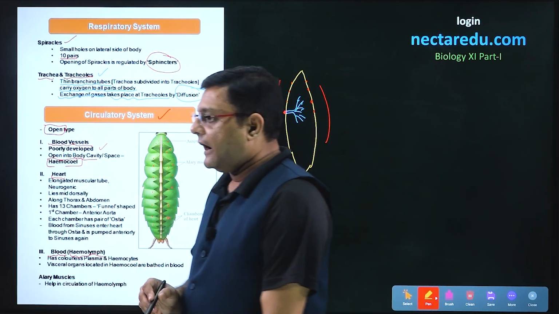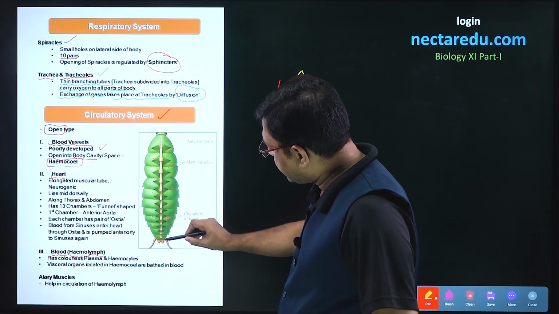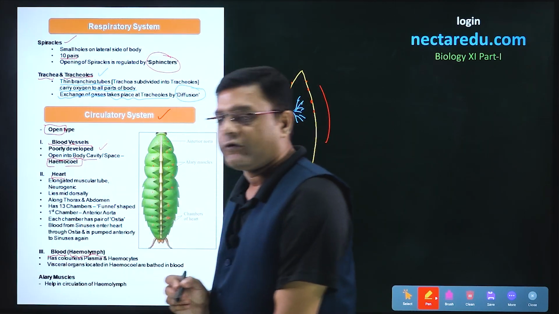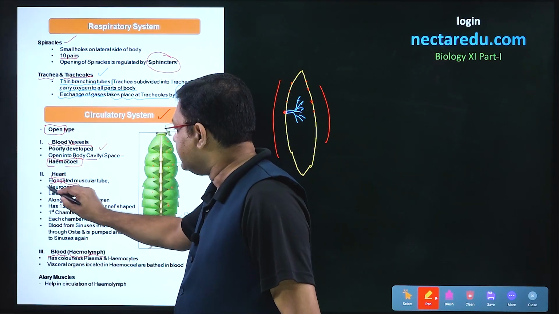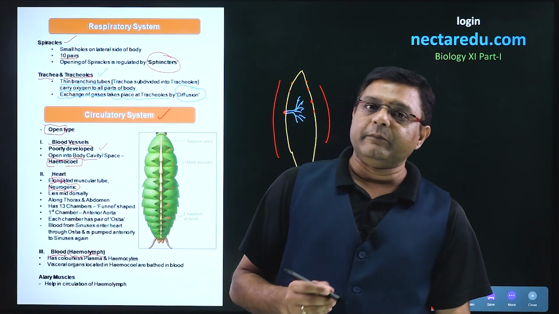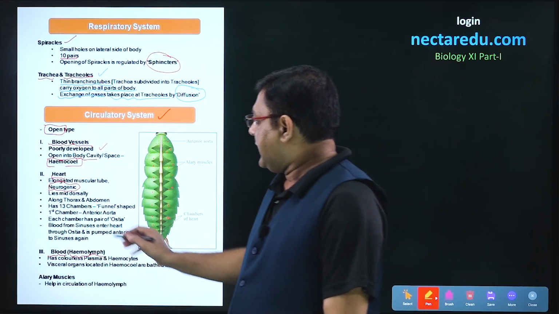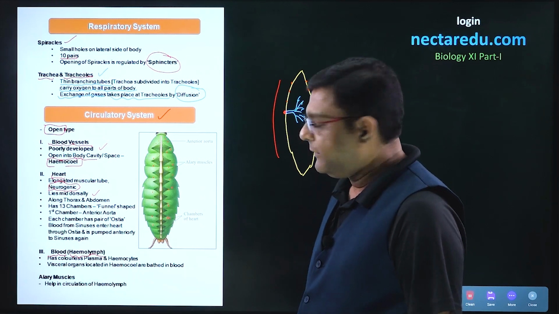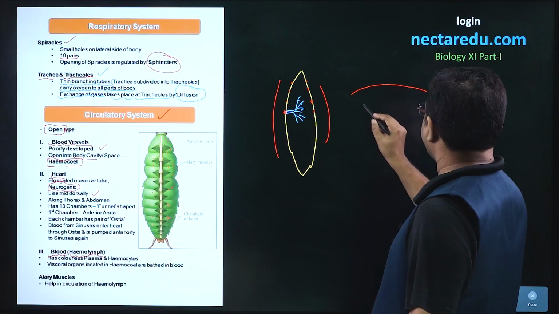The second part is the heart. Now the tubular structure, this yellowish structure which we are seeing here, is actually the heart of cockroach. The heart in the case of cockroach is neurogenic. Neurogenic means impulses will be generated from the brain. It lies mid-dorsally. So what is the meaning of mid-dorsally? Let us try to understand from this particular diagram.